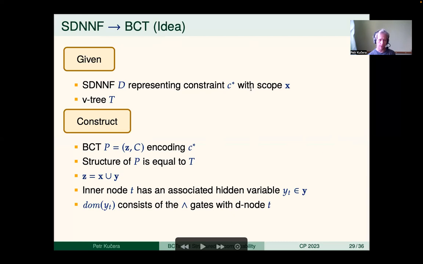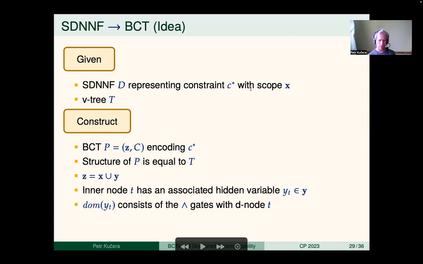The hidden variables are defined as follows. Basically, each inner node T of the V3T has an associated hidden variable YT. The domain of this hidden variable consists of the conjunction gates with so-called D node T.